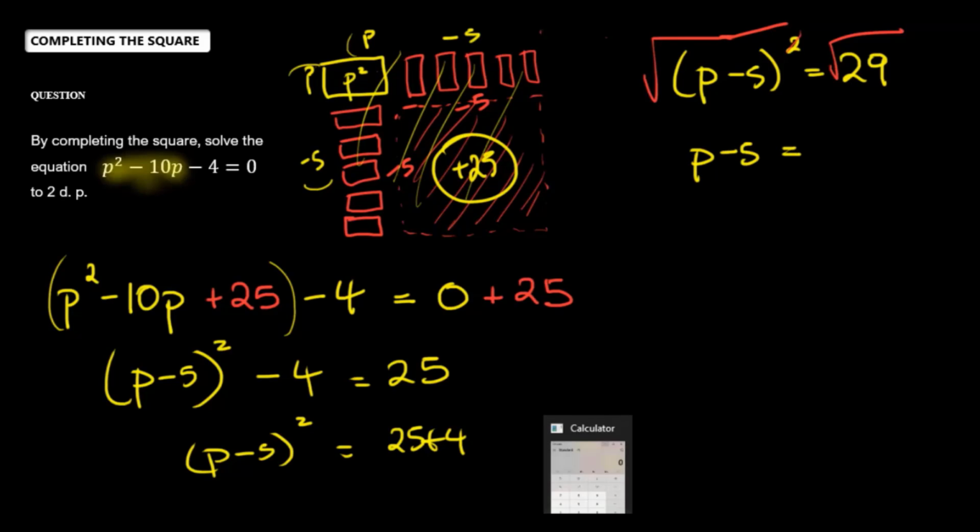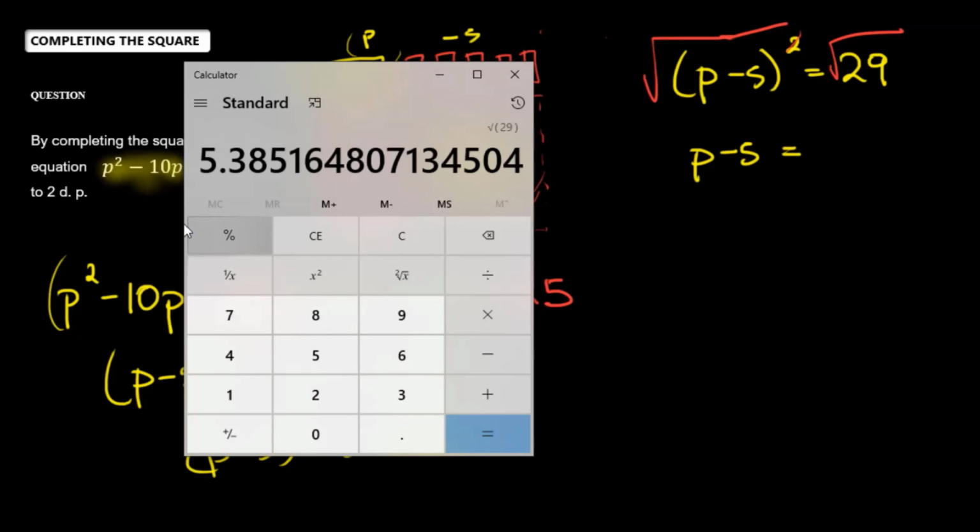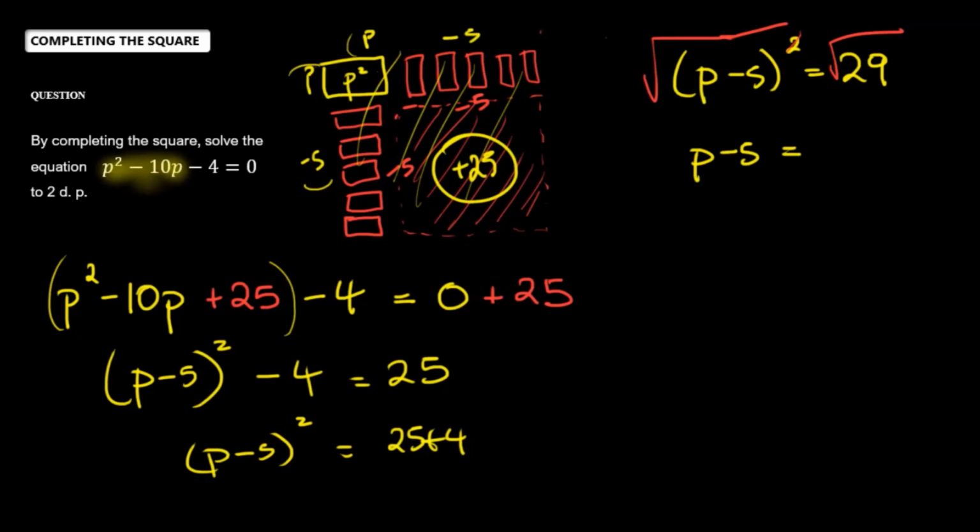And if I get my calculator, the square root of 29 is 5.38 something. But remember, I'm solving it to 2 decimal places, so I only need 2 decimal places here, which would bring it to 5.39. So p minus 5 is equal to plus or minus 5.39.